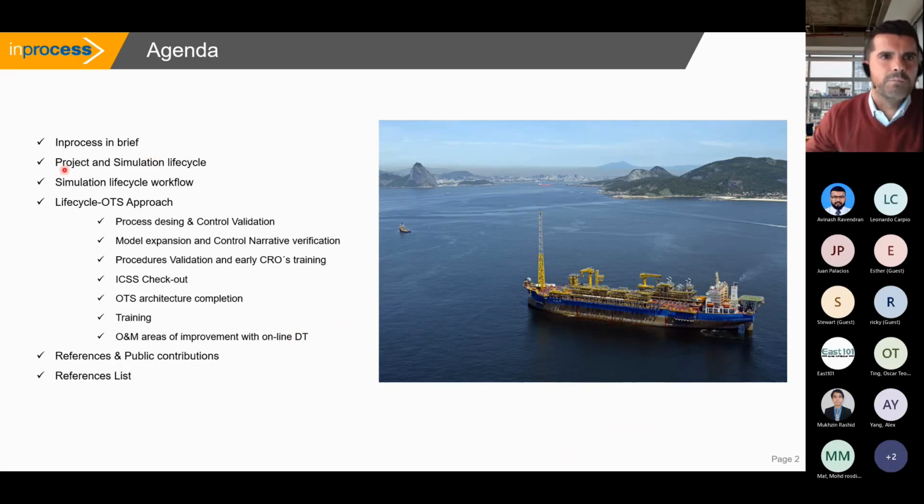Talking about project and simulation lifecycle, the simulation lifecycle workflow, and how it's linked with the initiative of the lifecycle OTS approach and the different areas, phases, and added value and insights that we could provide to companies like you.